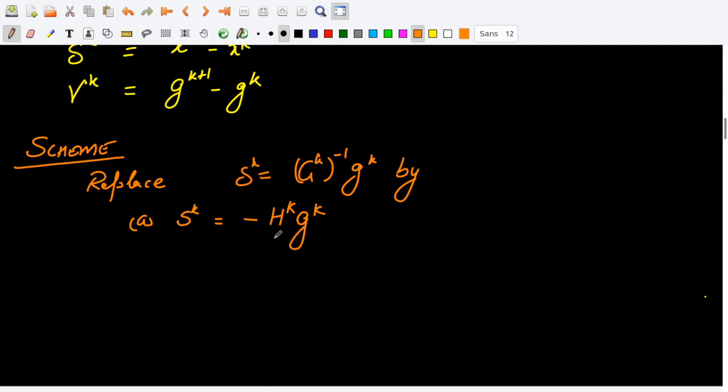We will come shortly to what this Hk is. This is a matrix, n cross n.